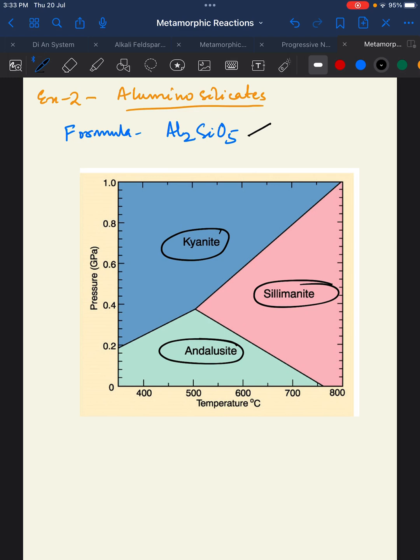So these lines: this line is the PT equilibrium curve for kyanite and sillimanite.